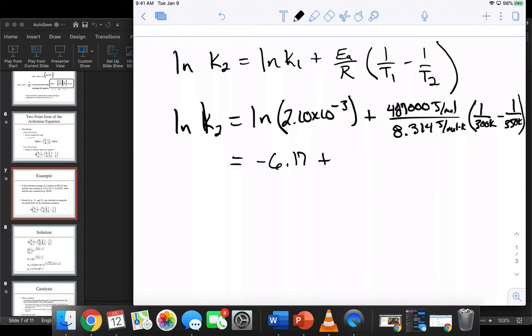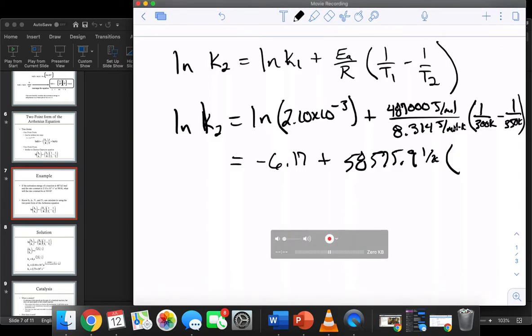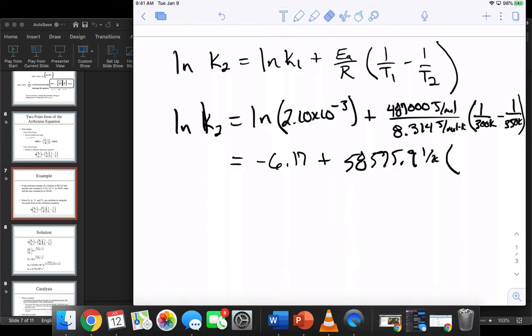Which I get to be about 58,575.9. This is going to be like 1 over Kelvin for units times... Nope, it's actually not 1 over Kelvin for units. It's actually just Kelvin for units, because Kelvin's going to cancel here in just a second.